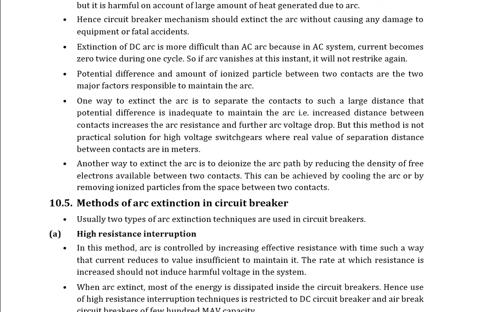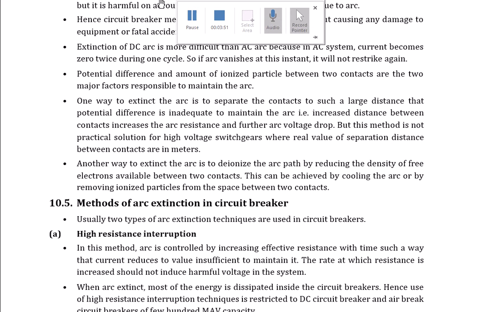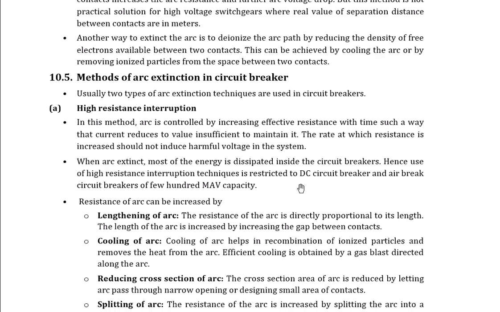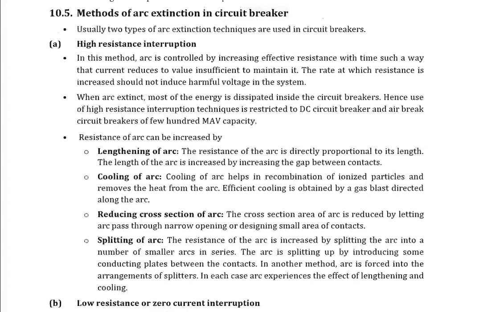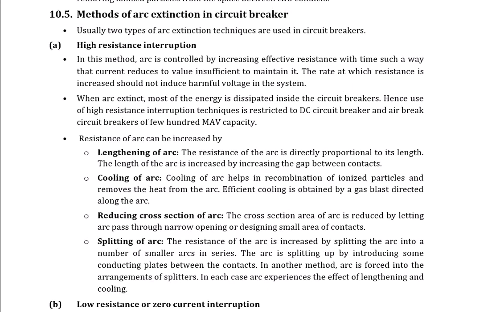Now we will see some methods of arc extinction in circuit breaker. Usually two types of arc extinction techniques are used in the circuit breaker, and the first is high resistance interruption.